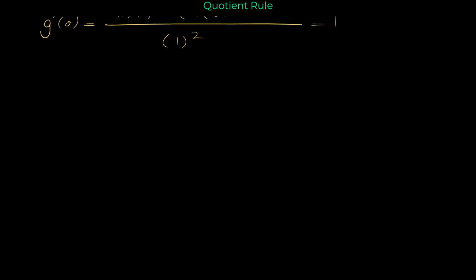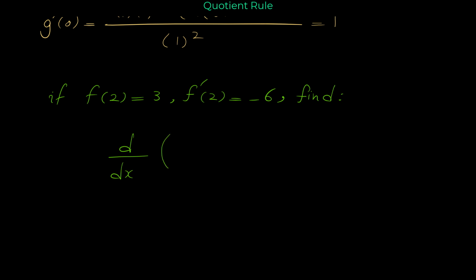Now let me show you another question. We are given some information about function f. We know that f of 2 equals 3 and f prime of 2 equals negative 6, and we are asked to find d over dx of f of x over x.